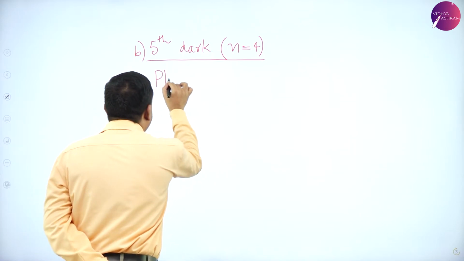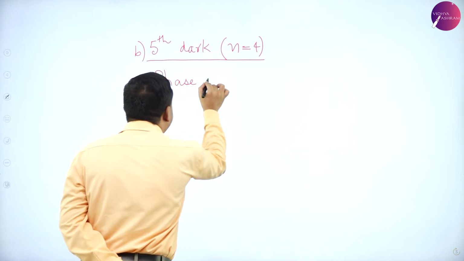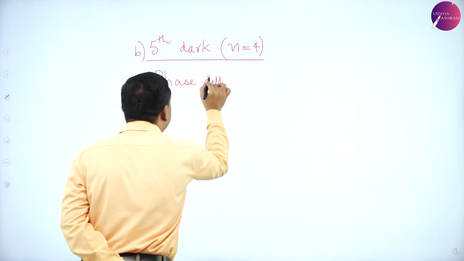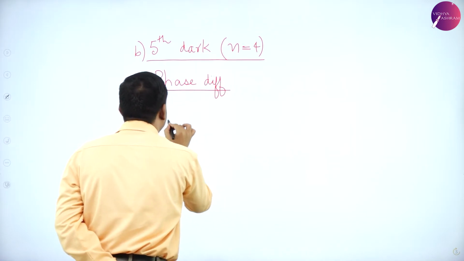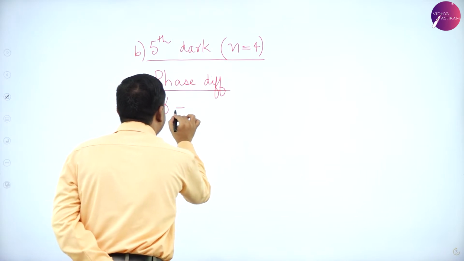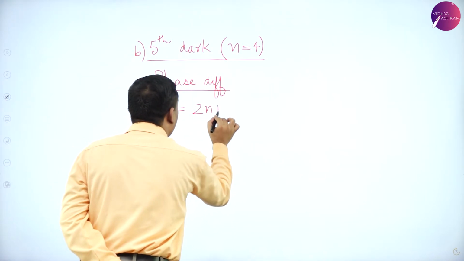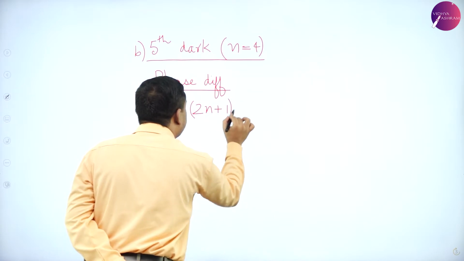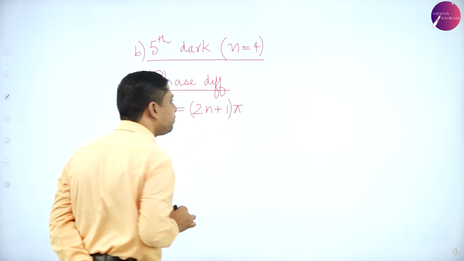So what is the phase difference here? So phi is 2n plus 1 pi.